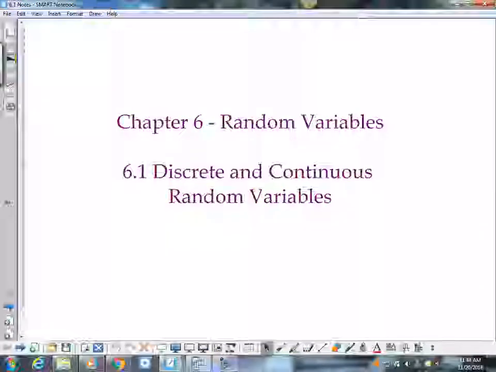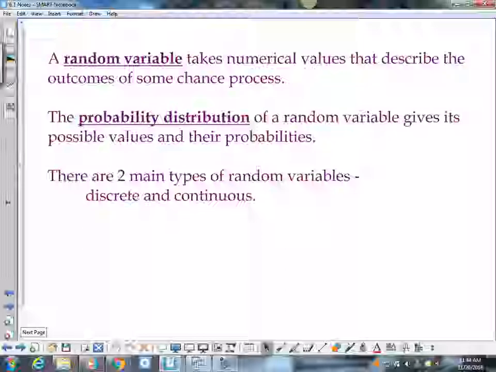Okay, so we're going to talk about discrete and continuous random variables. A random variable takes on numerical values that describe the outcome of some chance process.